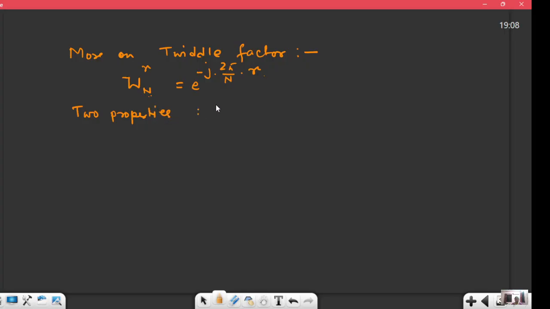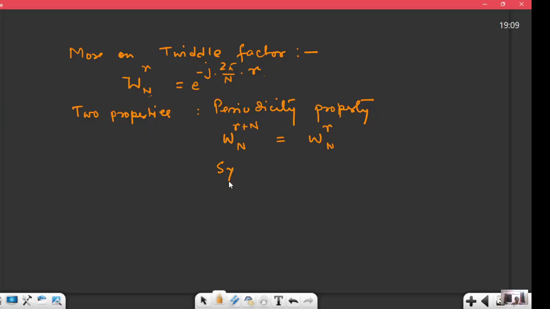The first one is the periodicity property, which gives us that if the power is increased by the period N, this becomes the original r. So r plus N is replaced by r.